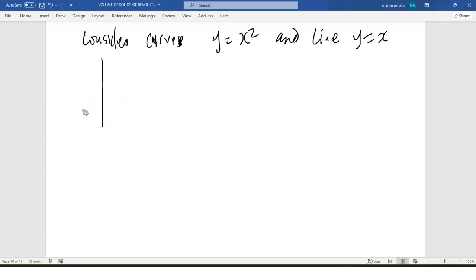Now if you have such a scenario, you have y is equal to x squared, then you have line y is equal to x. So this is x squared, this is y is equal to x. So the area we are talking about is this area. When you rotate it around the x-axis, you'll form something that looks like a washer.